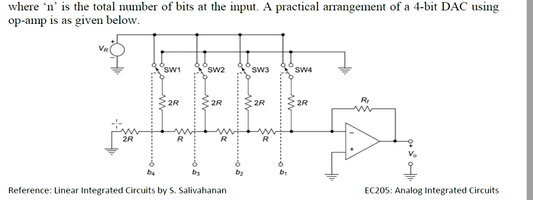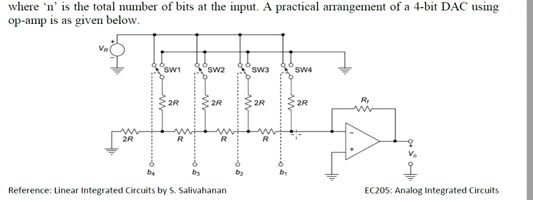This is very important. Starting with 2R in parallel, then R, 2R, R, 2R, R, 2R. At the end, a 2R resistance is grounded.